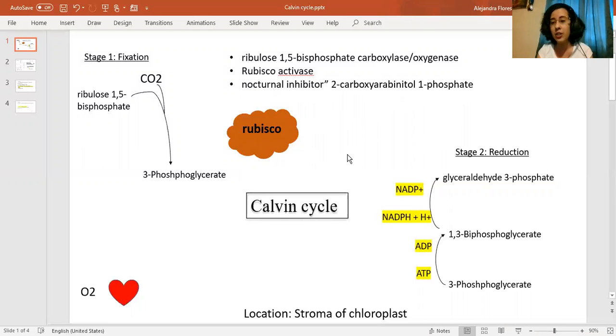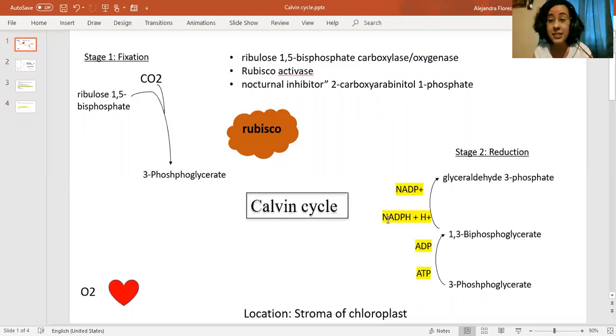Now let's go to stage 2. As you can see, stage 2 kind of sounds familiar. It looks familiar, and it's because it's basically gluconeogenesis. And in this part, we're trying to go from 3-phosphoglycerate to glyceraldehyde 3-phosphate. And in this stage, we're using the products of the light reaction, the ATP and the NADPH.